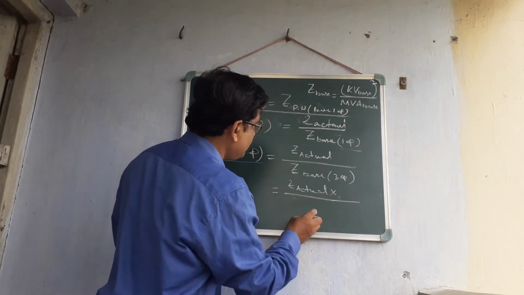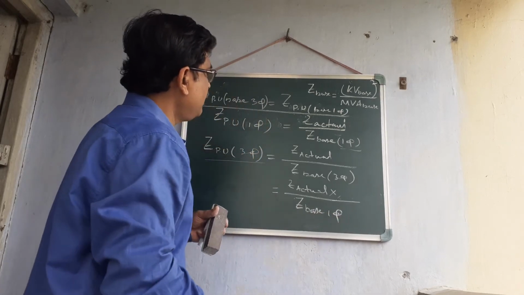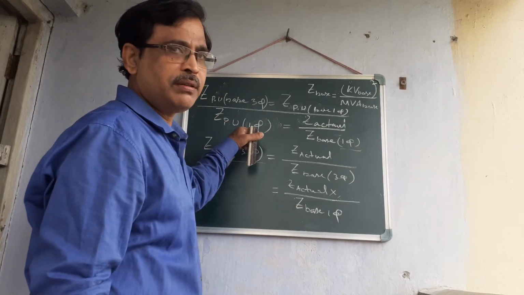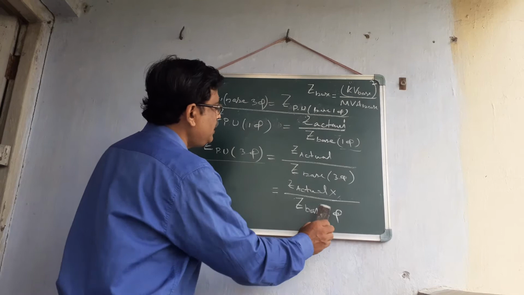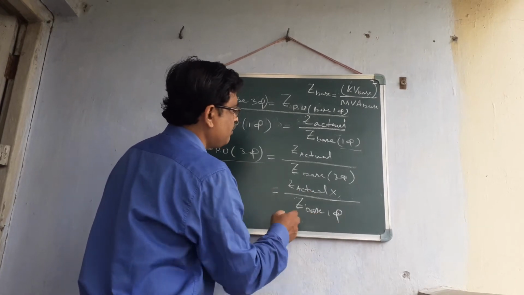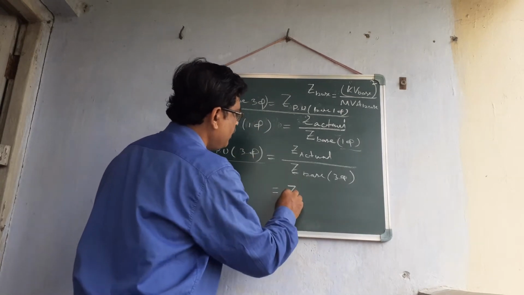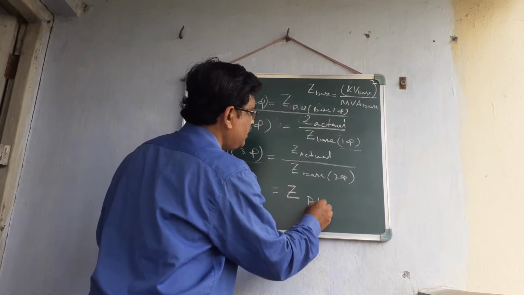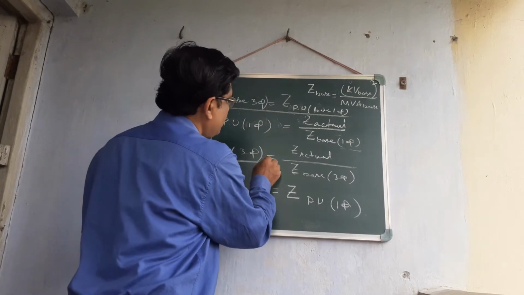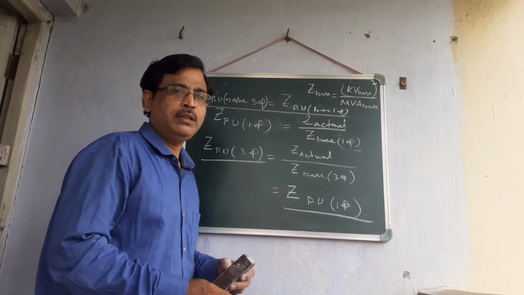Overall, you can say this is Z base of single phase system. Z actual by Z base single phase system is the per unit of single phase system. So we can say Z per unit three phase system equals Z per unit in single phase system. Both are equal.